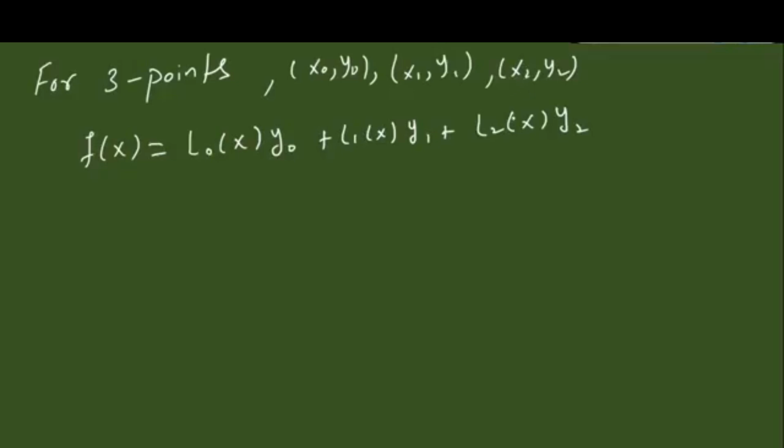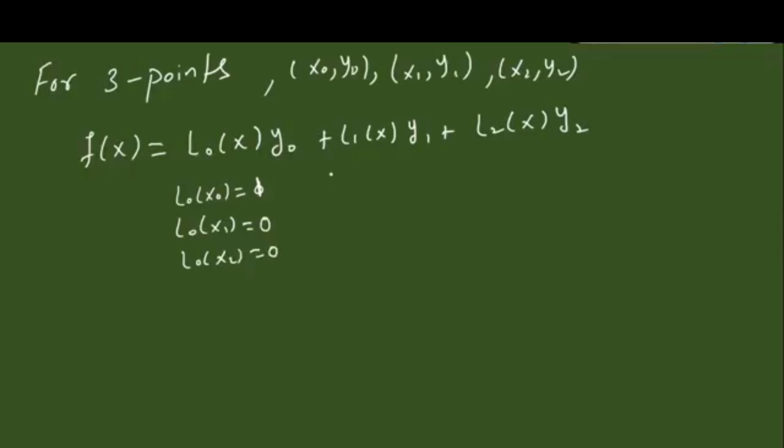Similarly, L2 is associated with the x2 node, which means that if I put x2 in place of x, I have to get 1. And if I put any other nodes, x0 and x1, it has to be 0. So what are the characteristics? L0 at x0 is 1, L0 at x1 is 0, and L0 at x2 is also 0.